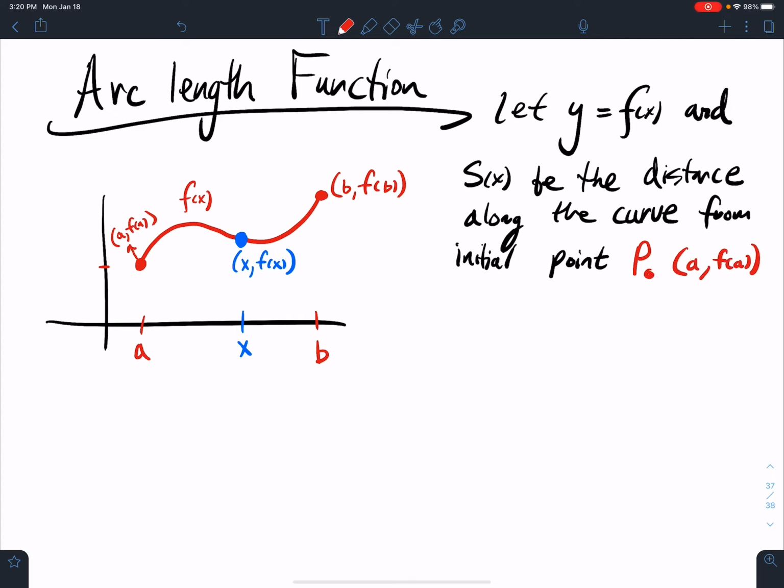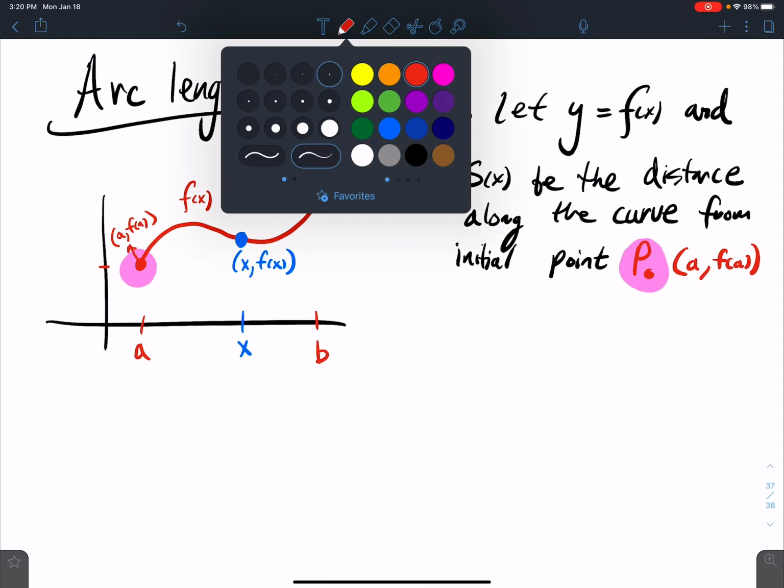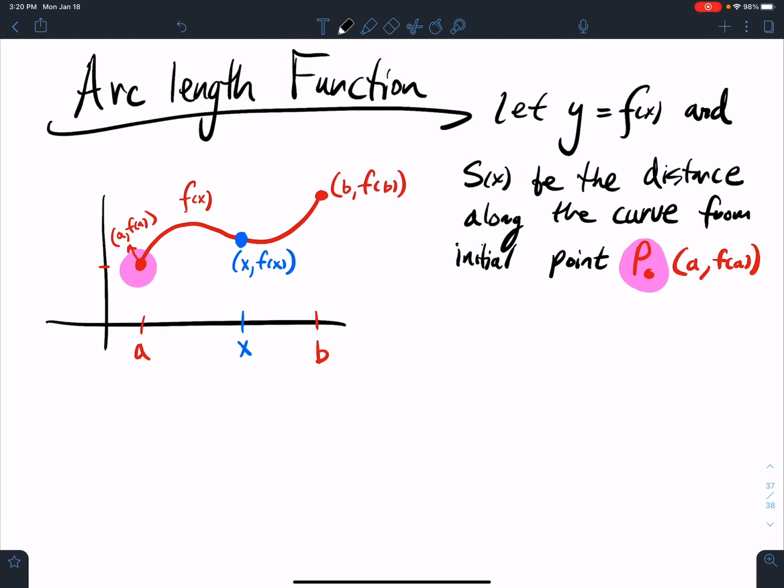That's my initial point right here. That's my P naught, going to Q, which is x comma f of x here.